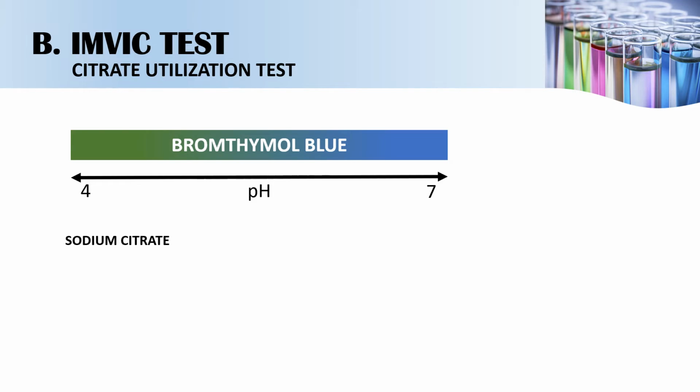So we have sodium citrate incorporated in the medium. Now, if our bacteria has this enzyme citrate permease, the citrate will be utilized and converted to pyruvic acid, oxaloacetic acid, and carbon dioxide.